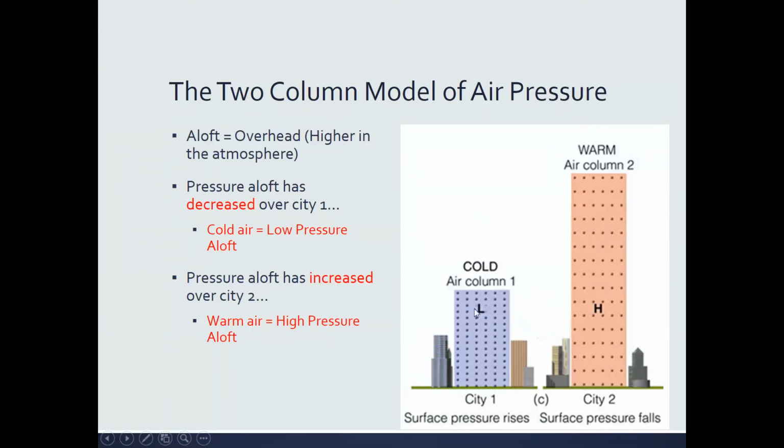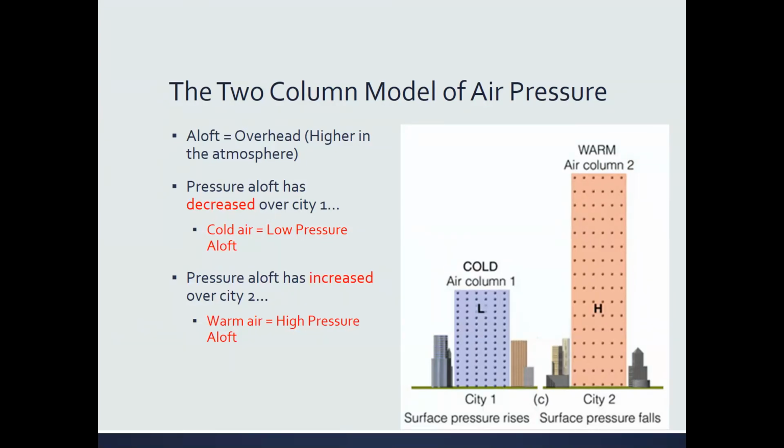Now, with this said, cold air creates low pressure aloft. So the trough that we talked about in the last lecture, this is why it happens. On the other hand, warm air produces high pressure aloft. So this is that ridge that we talked about in the last lecture.